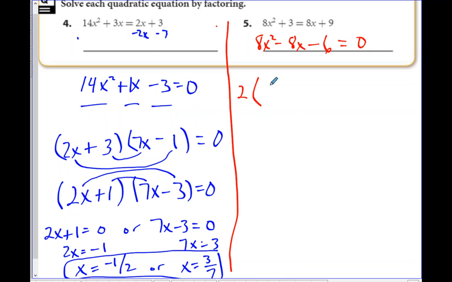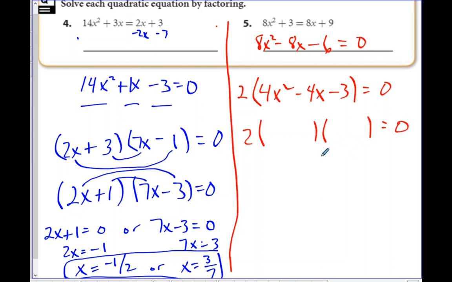So when you factor 2 out, do you agree with 4x squared? Yeah. And then do you agree with minus 4x? Mm-hmm. And then minus 3? Yeah. So now we've got a simpler trinomial, and now we need to be thinking about how we can factor this. I want to factor this and then use the zero product property.